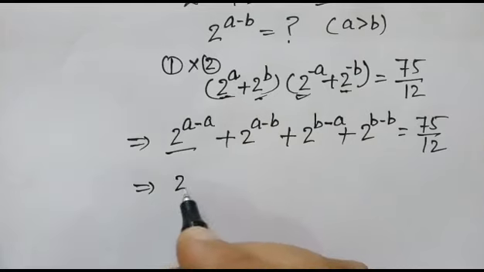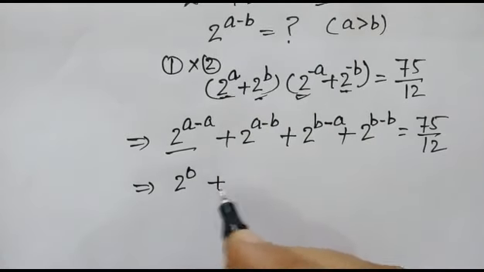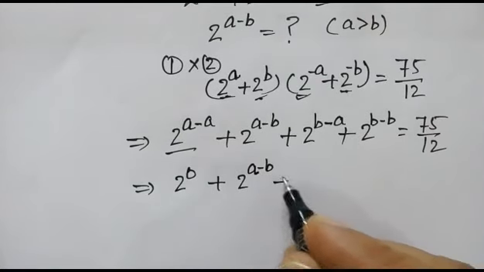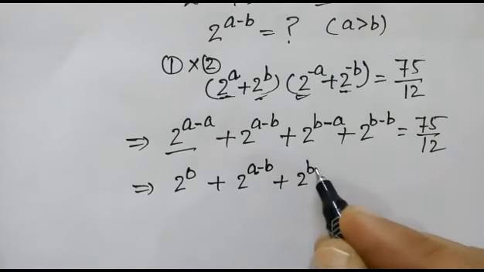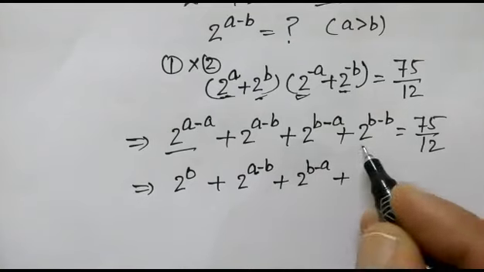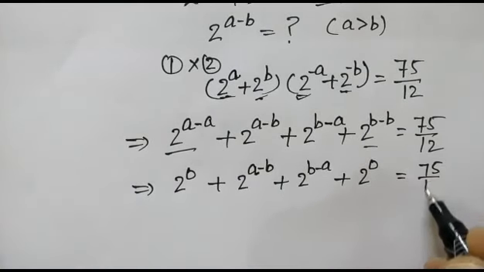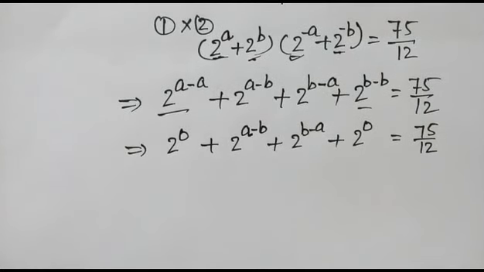Now this 2 to the power 0 plus 2 to the power a minus b plus 2 to the power b minus a plus this 2 to the power 0 is equal to 75 over 12, right?